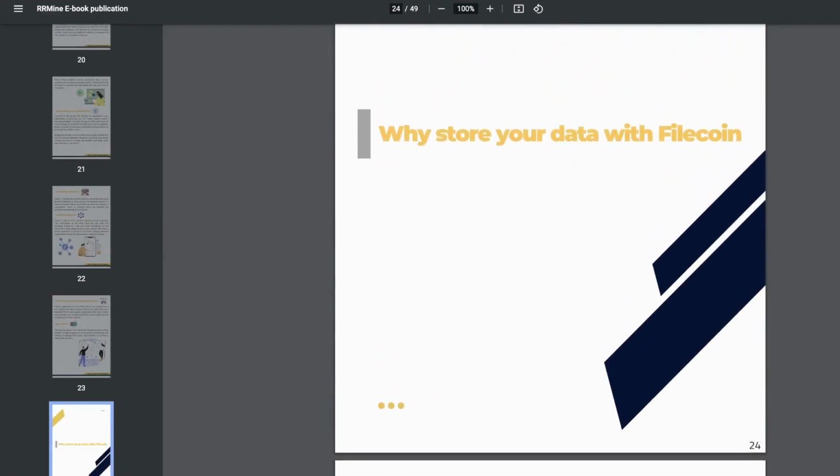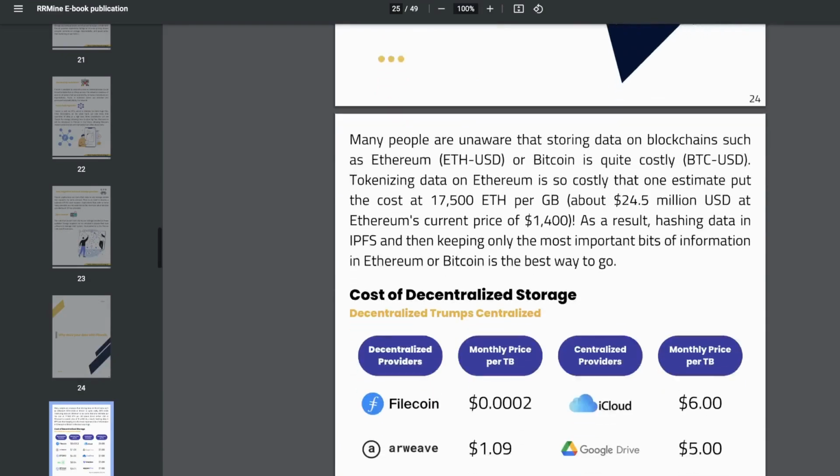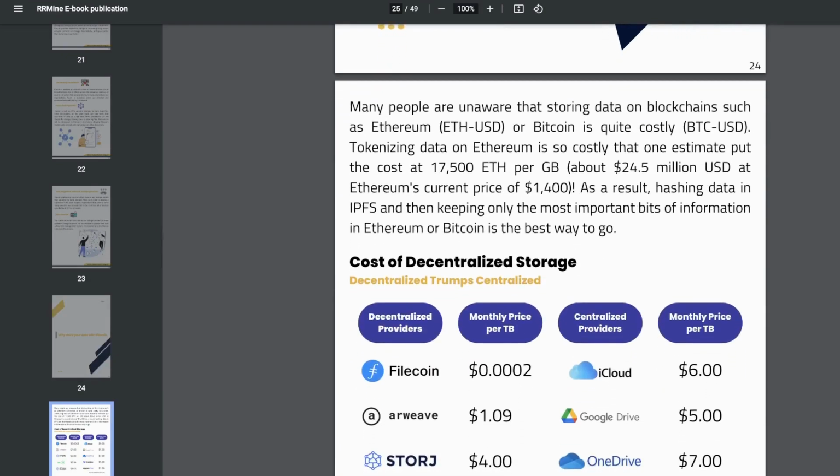So why store your data with Filecoin? Many people are unaware that storing data on blockchains such as Ethereum, USD, or Bitcoin is quite costly. Tokenizing data on Ethereum is so costly that one estimate put the cost at 17,500 Ethereum per gigabyte, about 24.5 million USD at Ethereum's current price of 1,400.